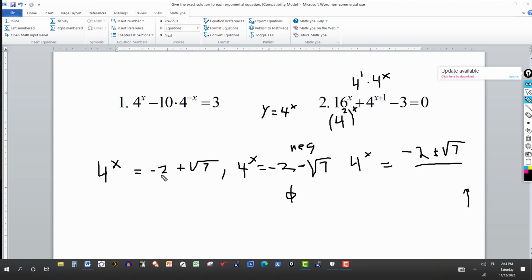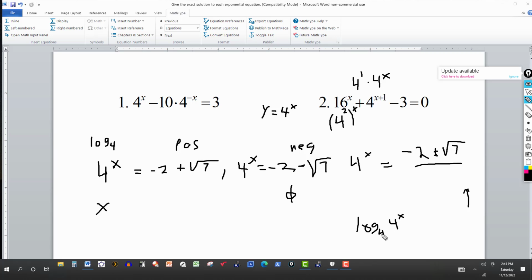So on this one here, the square root of 7 is larger than negative 2, and it's positive. So this is going to come out positive. So I do have an answer for this one. So I would take the log to both sides the same way I did it in the first problem, to base 4. When I take the log of this side to base 4, like in the other one, that's just going to give me x.